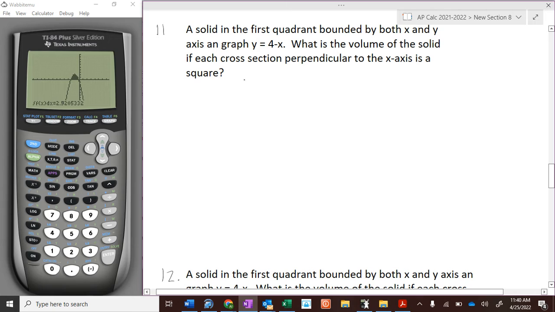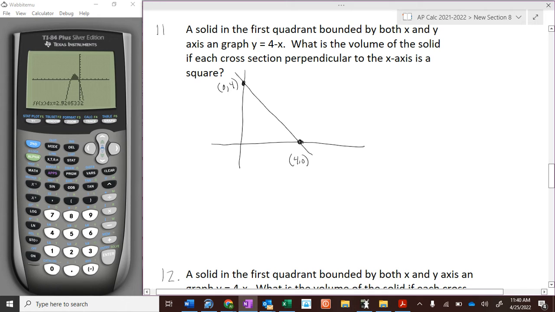All right, we should draw this. 4 minus x looks like that, right? What are its intersection points with each axis? 0, 4 here. And 4, 0 here.